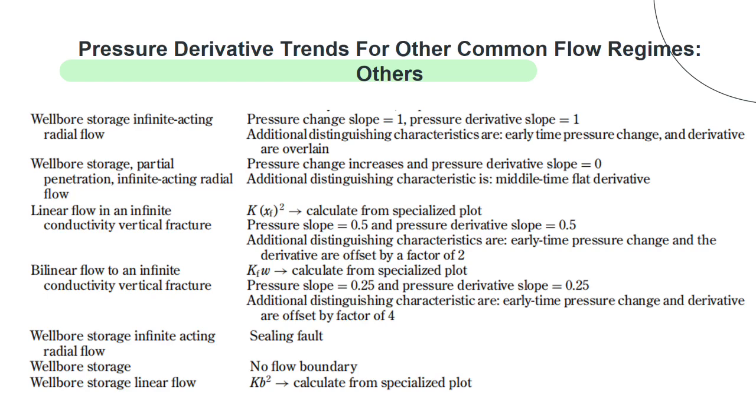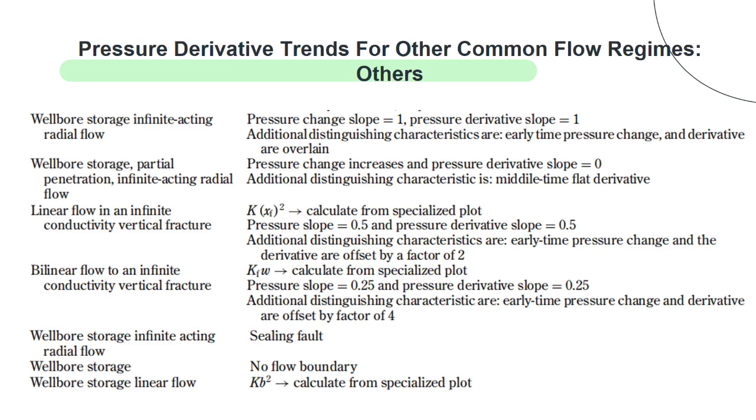In the bilinear flow to a finite conductivity vertical fracture, kf w is calculated from a specialized plot. The pressure slope is equal to 0.25 and the pressure derivative slope is equal to 0.25. Additional distinguishing characteristics are early time pressure change and derivative are offset by a factor of 4.